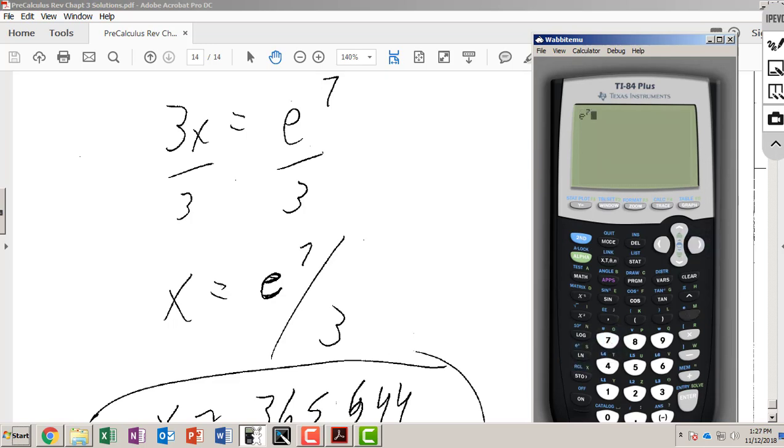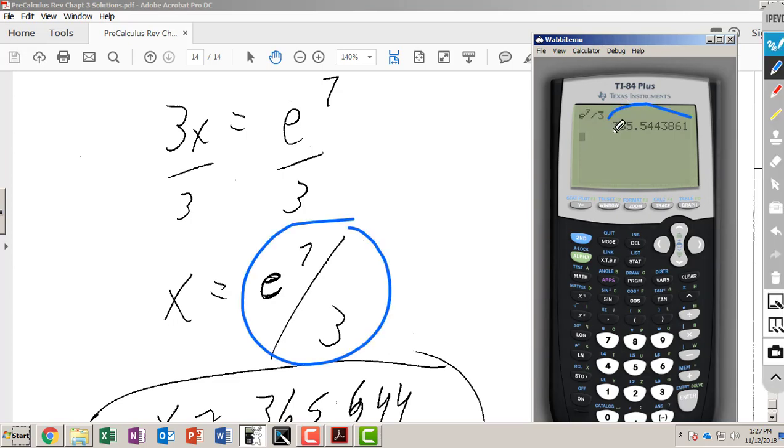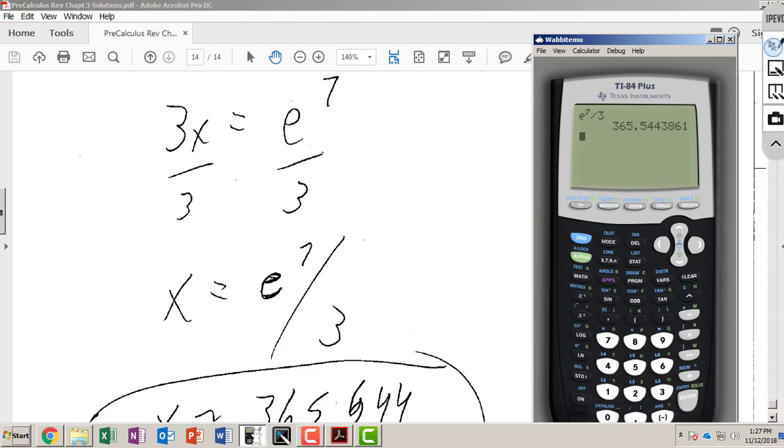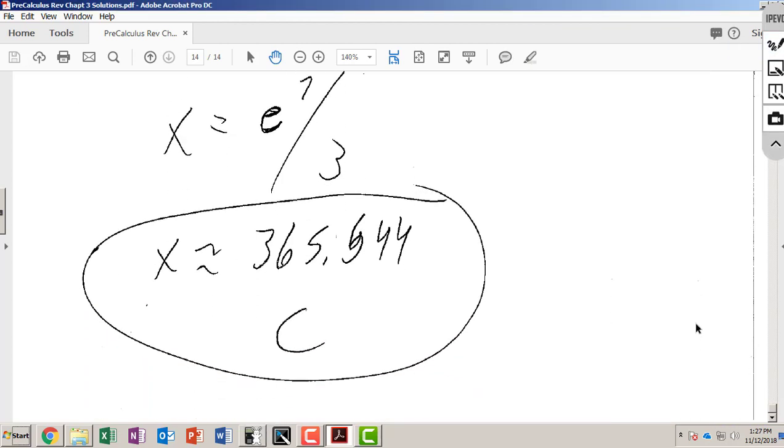Arrow on over, then divide by 3. It equals, that comes out to be 365.544, and that is going to be your answer for number 18. So that answer is C.